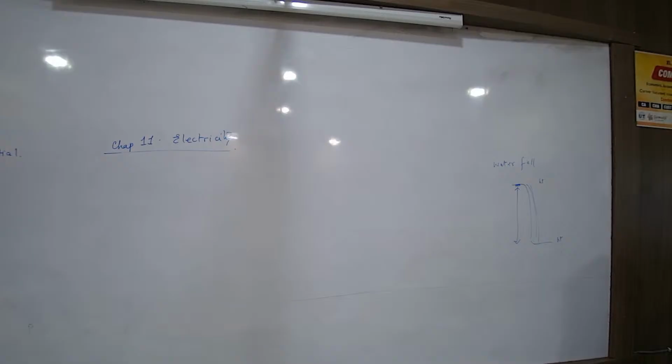When we talk about a battery, suppose this is my battery, this is the positive terminal, and this is the negative terminal. On a battery you always see a plus sign and a minus sign. What did I tell you? Electricity flows from the positive terminal to the negative terminal.